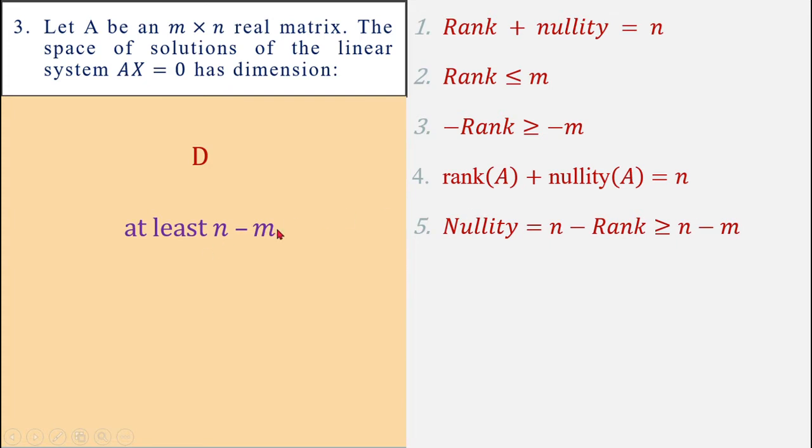So the solution space of this linear system Ax equal to 0 has dimension at least n minus m, which is nothing but the nullity of A, or dimension of the null space of A.